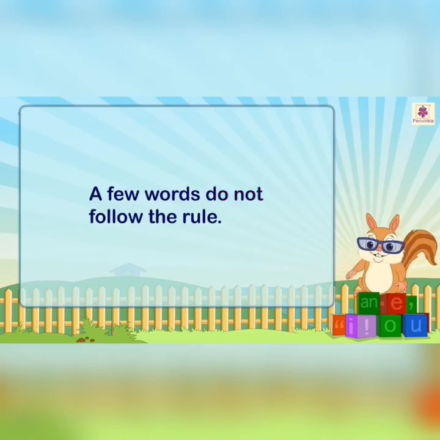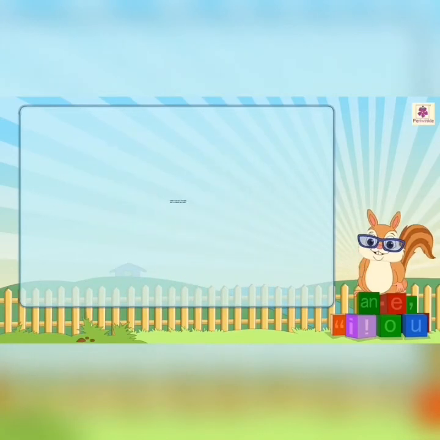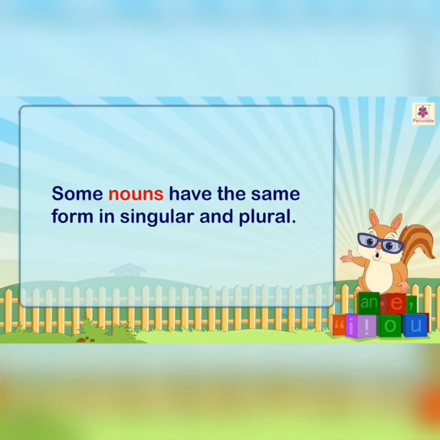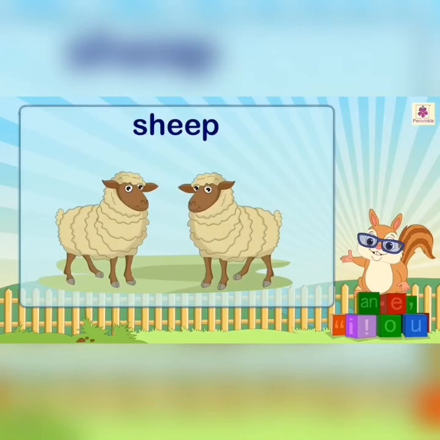But a few words do not follow the rule that we talked about. So when you hear the word chef, you just add s and you have chefs. Some nouns have the same form in the singular and in the plural. It remains the same, okay? Such nouns include sheep.